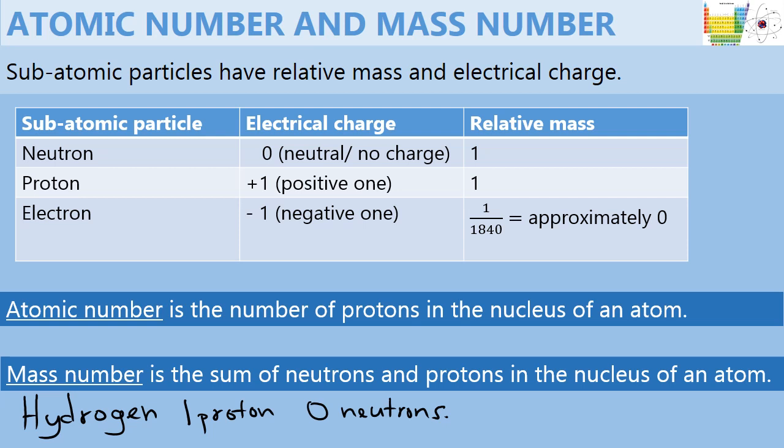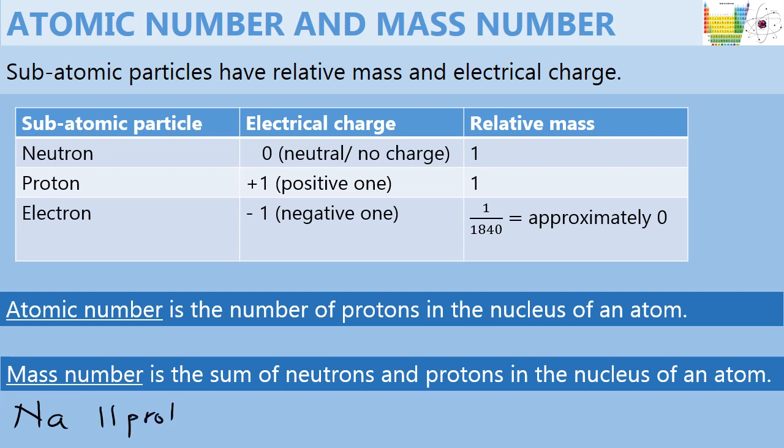Hence, its mass number is 1 plus 0 to give us 1. So it has a mass number of 1. Sodium has 11 protons and 12 neutrons, meaning its mass number is 11 plus 12 to give us 23.